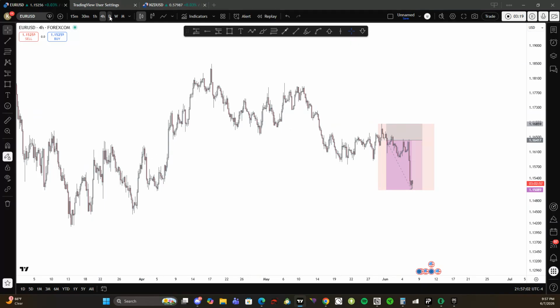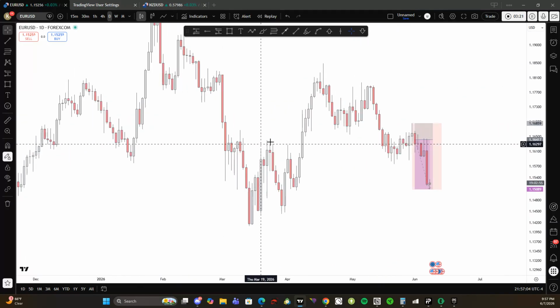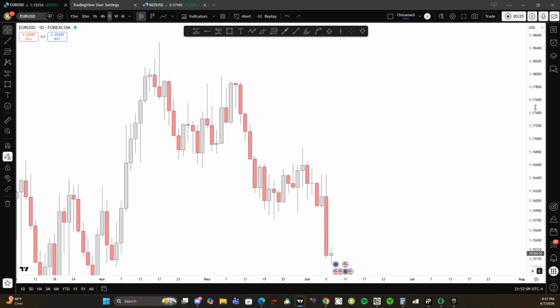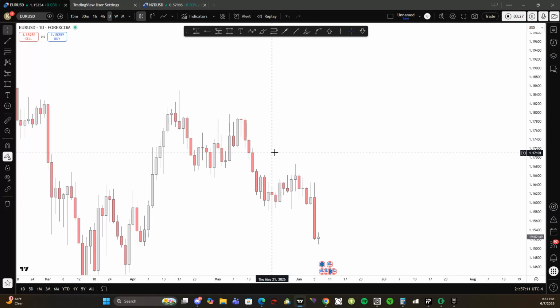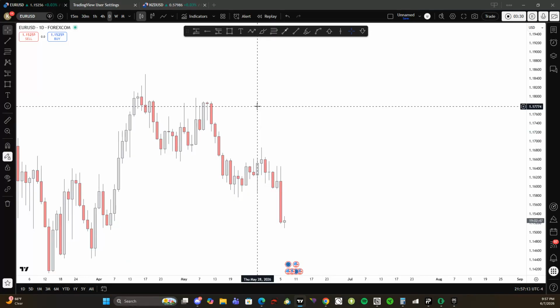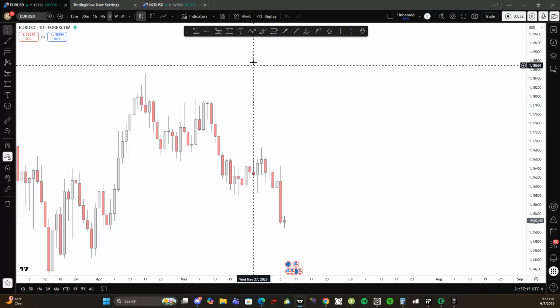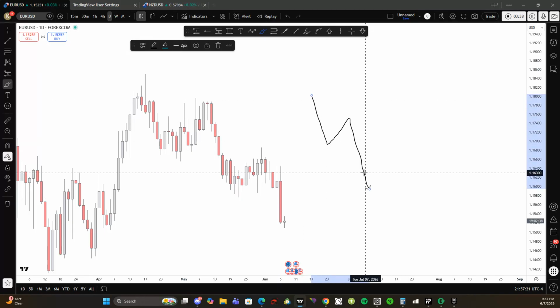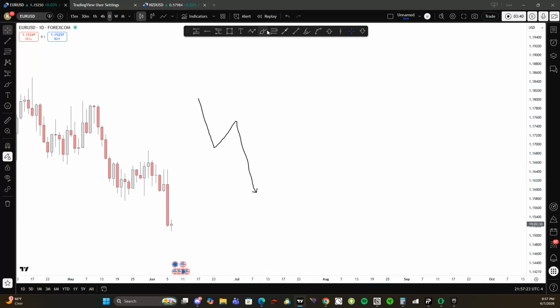Going back to the daily on EU, what I'll do is break down the opportunity itself, everything I'm looking for. Step one would be to find the structural breaking market. I'm using a few basic concepts here. Market structure is one of them: lower lows, lower highs. Markets move in one of three directions.